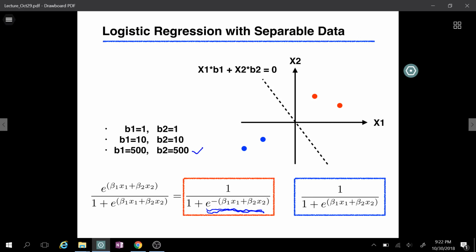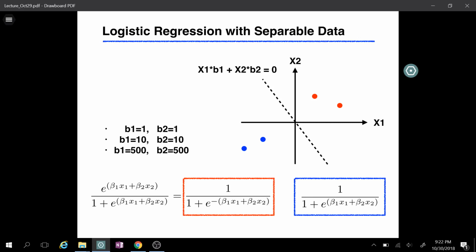Again, everything is moving in the right direction. The likelihoods are even better than before, getting closer to 1. So you quickly realize there's a problem: because the red points and blue points are well separated, you can just keep increasing the coefficients, and the likelihoods keep moving in the desired direction.